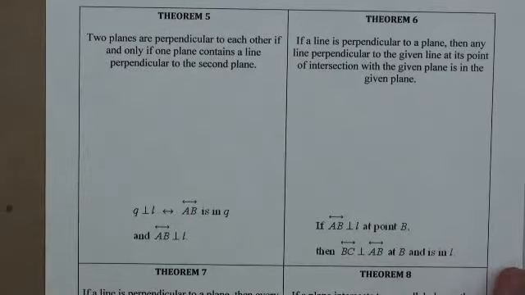Let's look at the next page, Theorem 5. It says two planes are perpendicular to each other if and only if one plane contains a line perpendicular to the second plane.